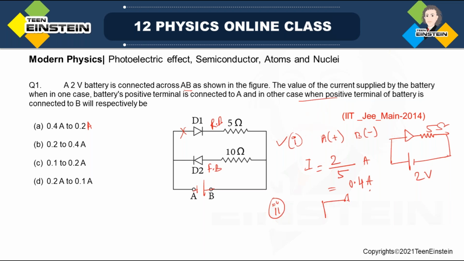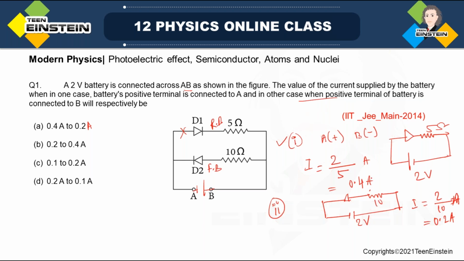Okay, then this one will not conduct, so I'll have only this circuit. Look, this is the diode and resistor connected to this, and this side is negative, this is positive terminal of the battery, this is 2 volt and this is 10. So what will be the current in this case? In this case, voltage by resistance, right? So 2 by 10, this is volt, this is ohm, so this will give you 0.2 ampere.